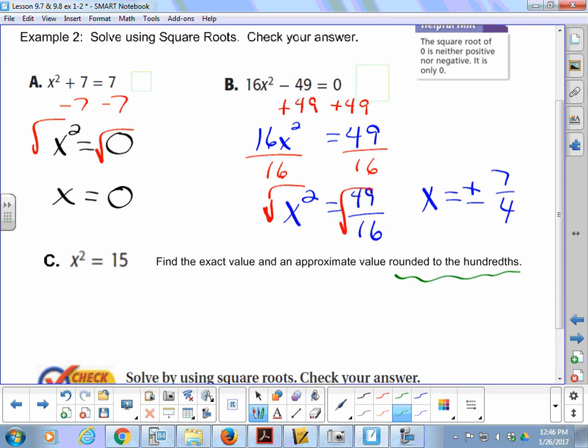Right? So it says the exact value and rounded value. So we take the square root of both sides, and we get x equals plus or minus. Since there is not a square root of 15, we'll write plus or minus the square root of 15.